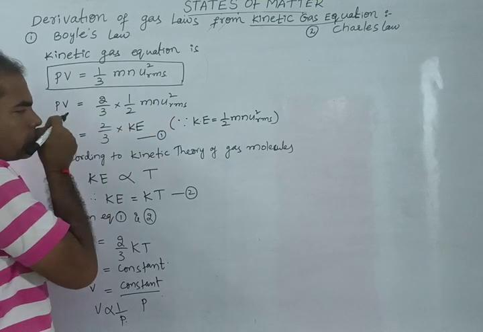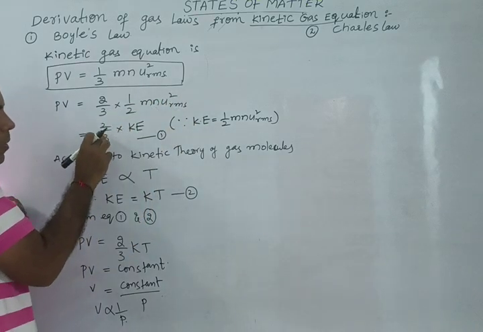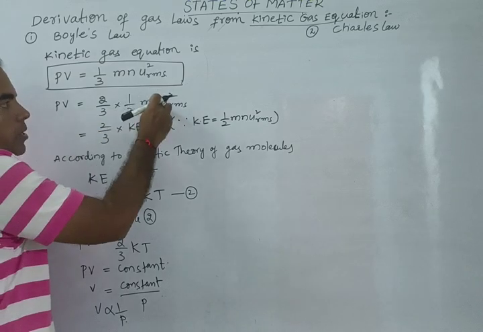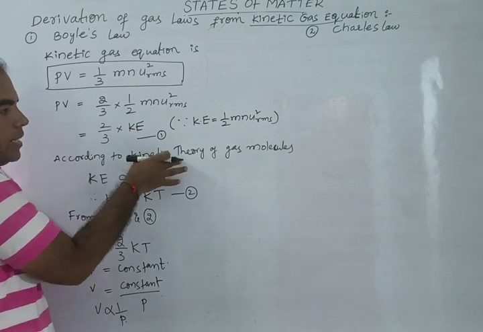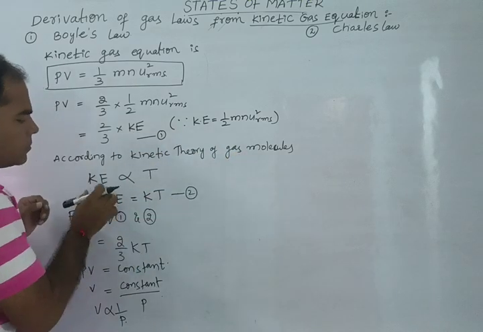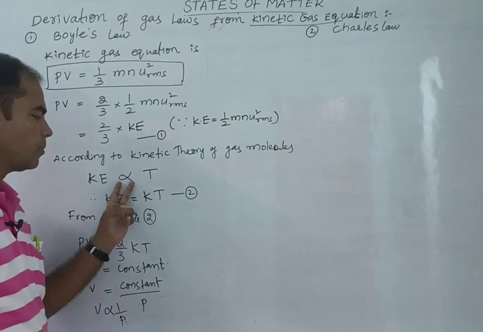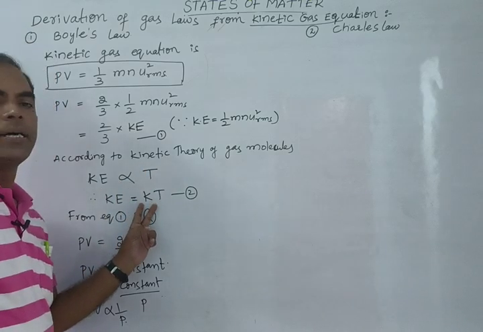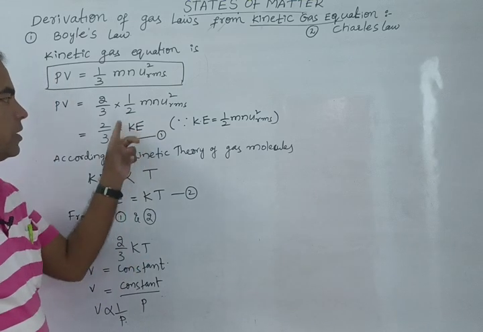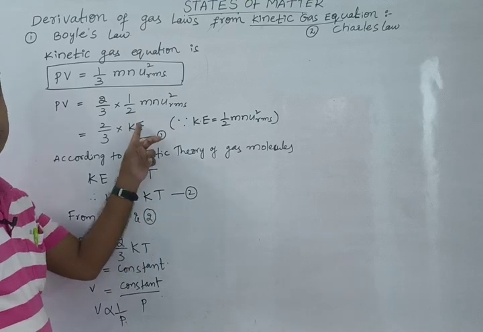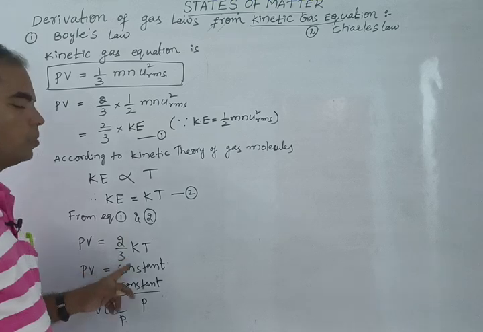We know that kinetic energy equals 1 by 2 mn u square, so instead of that we can write KE. According to the kinetic theory of gas molecules, kinetic energy is directly proportional to absolute temperature. Remove the proportionality and add constant term K: KE equals KT. Substituting, PV equals 2 by 3 KT.